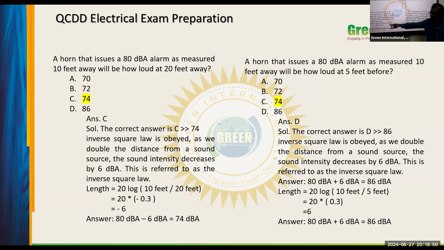Here decreased by 6 decibels, here increased by 6 decibels. 86, sorry. Cut, copy, paste, I made a mistake.